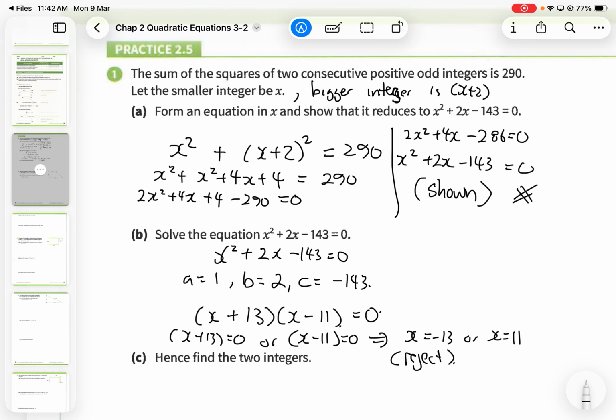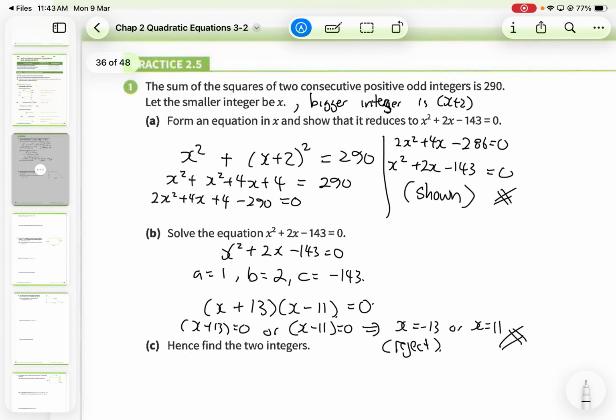I only want positive odd integers. So x must be 11, cannot be negative 13. So x equals 11 is the answer. So the two integers are 11 and 11 plus 2, which is 13.